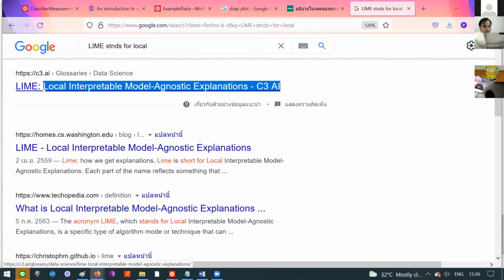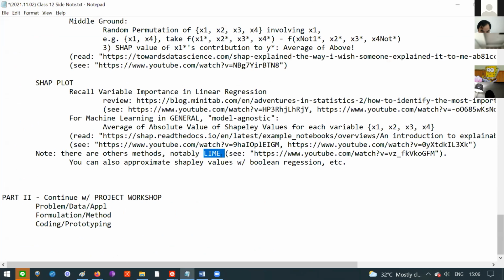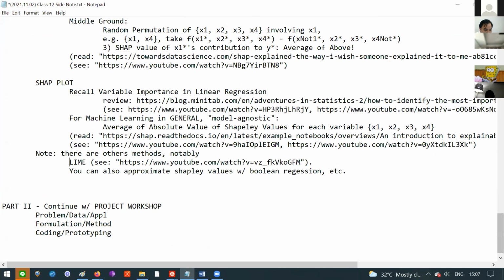Local Interpretable Model-agnostic Explanation. I should make this a small a. Okay. So this, but I prefer Shapley. In fact, I'm not really sure how LIME works.